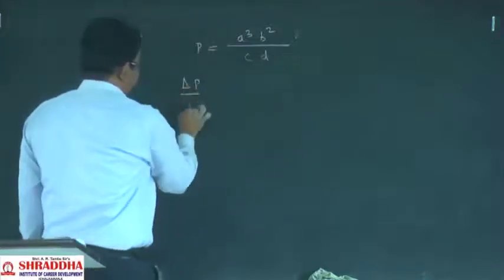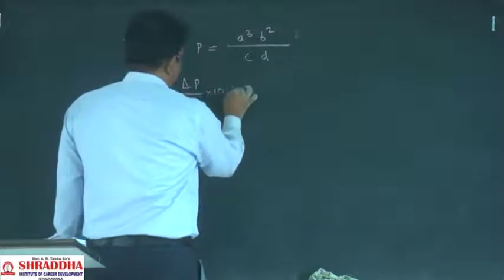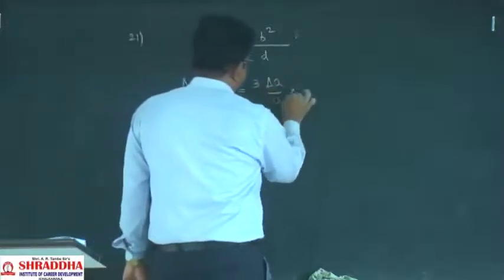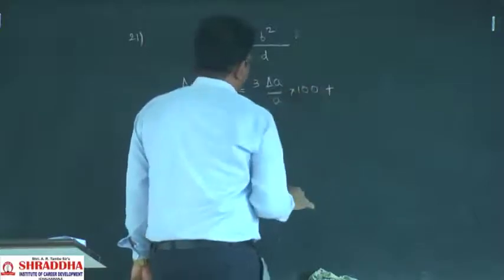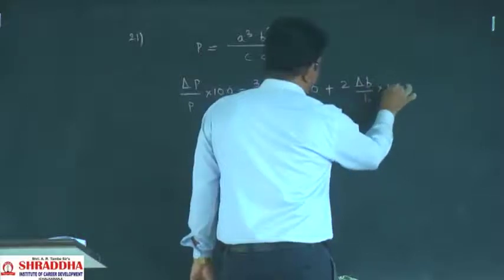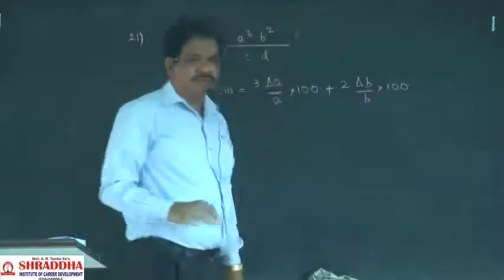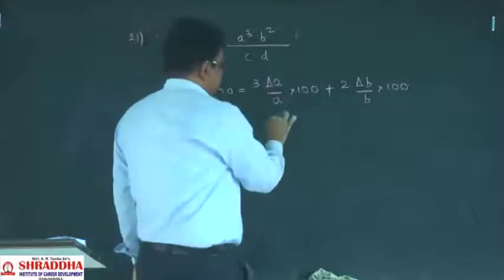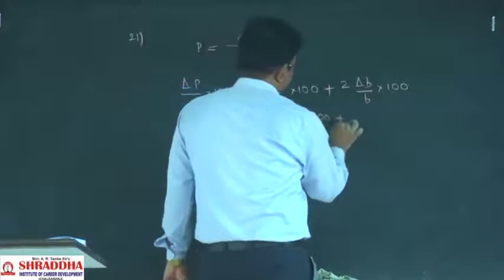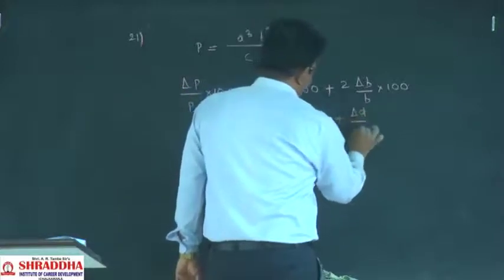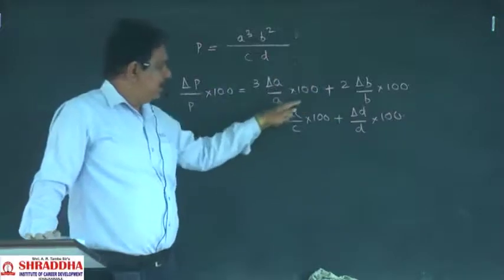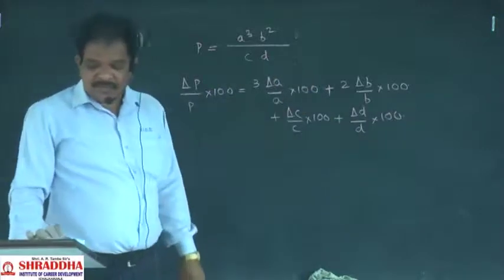Delta P by P into 100 is 3 into delta A by A into 100, plus 2 into delta B by B into 100, plus delta C by C into 100, plus delta D by D into 100. Delta A by A into 100, how much they gave?